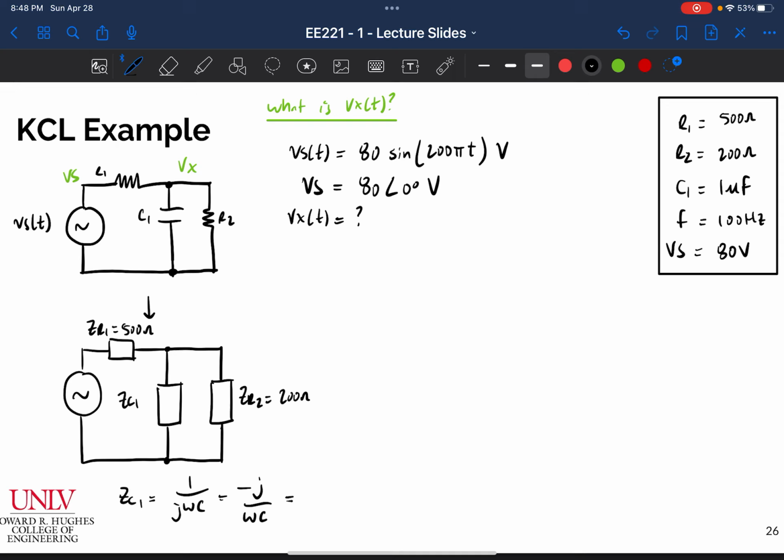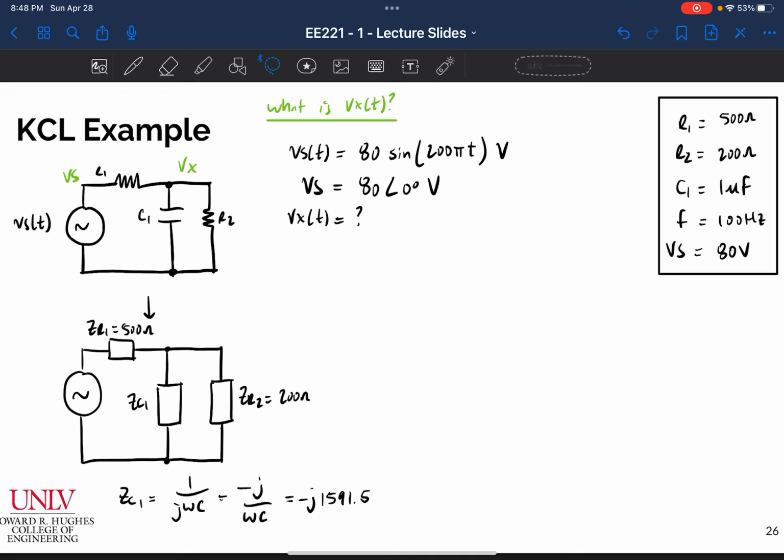And I get 1591.5. So my impedance of my capacitor is actually minus j 1591.5. Okay, I could write that here, but I'm just going to conserve space and note that that's what ZC1 is. I just solved for it, okay?